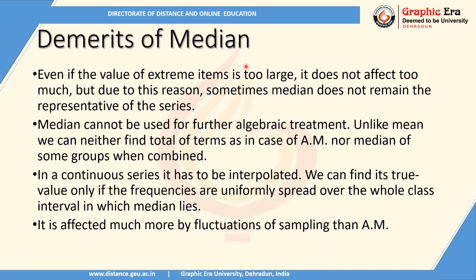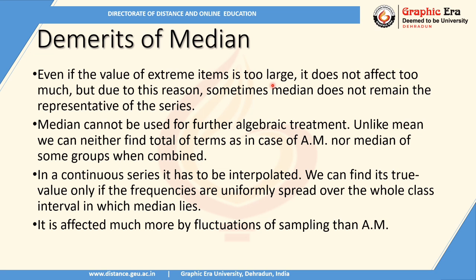What are the demerits? Even if the value of an extreme item is too large, it does not affect the median too much. But due to this reason, sometimes the median does not remain the representative of the series. Say we have data 1, 2, 2, 3, and after that 99, 100, 103.